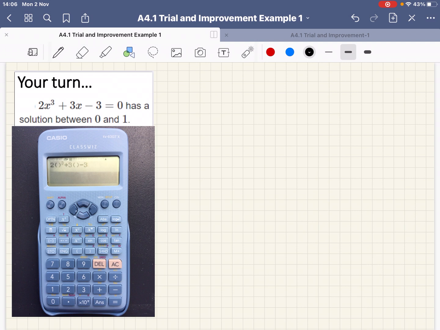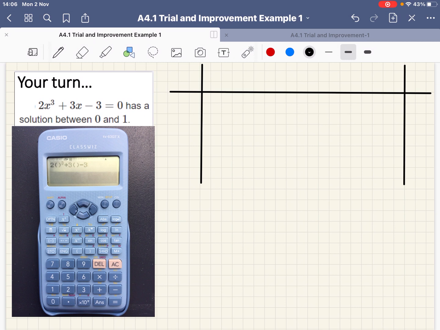Drawing our table, we're going to have a nice long line at the top. We're going to have a column that gives our x value. We're going to have a bigger column then that has got our equation, and an end column that decides whether something is too big or too small.